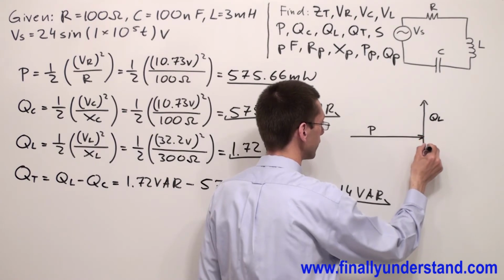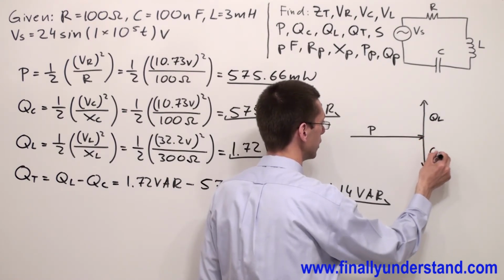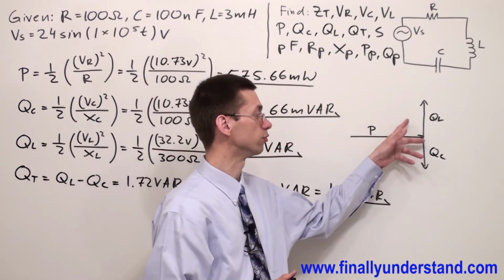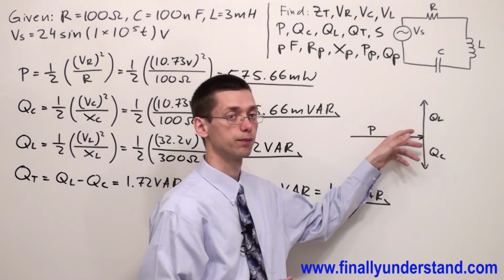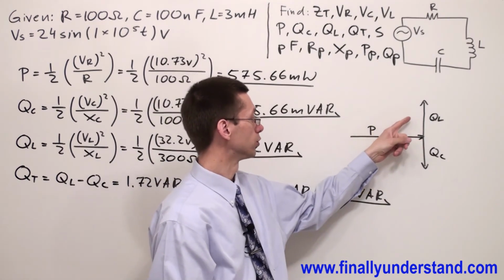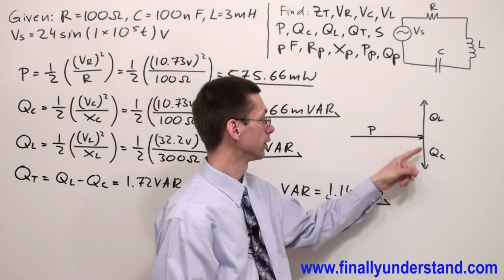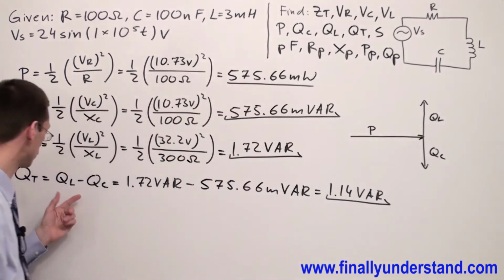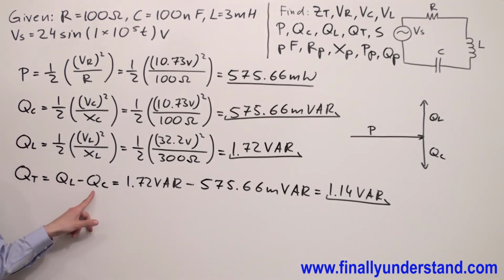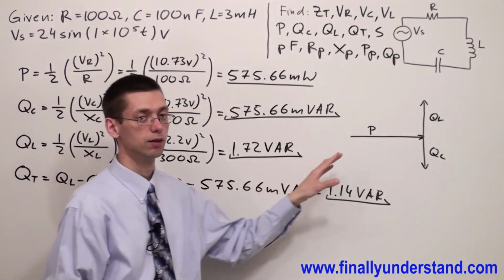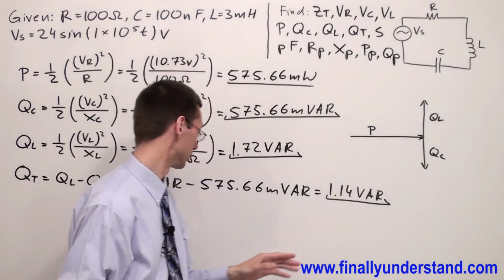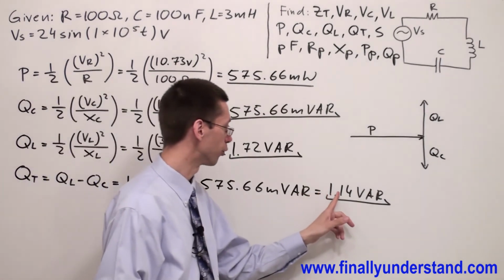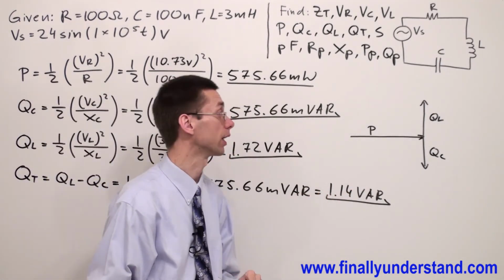And QC is always going to have an angle of negative 90 degrees. Q total is the combination of these two vectors. So if you are going to add QL to negative QC, you are going to simply subtract QC from QL. Okay, so this is just making the long story short. That's why I subtract these two values, and I obtain the value of 1.14 volt ampere reactive.